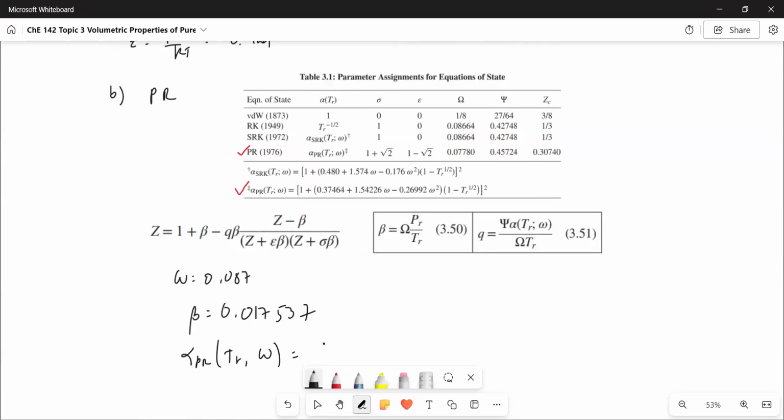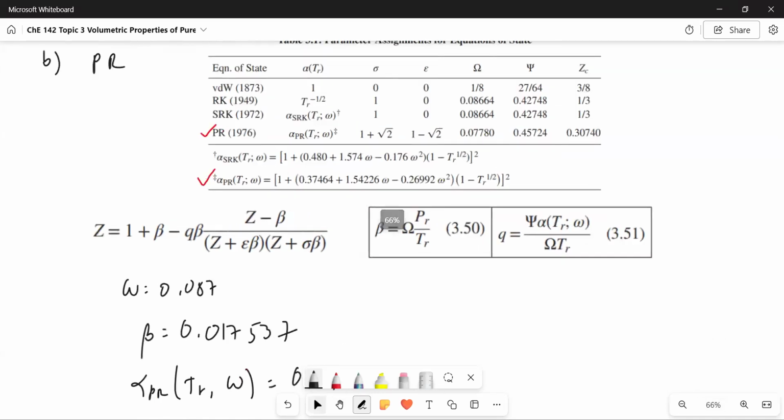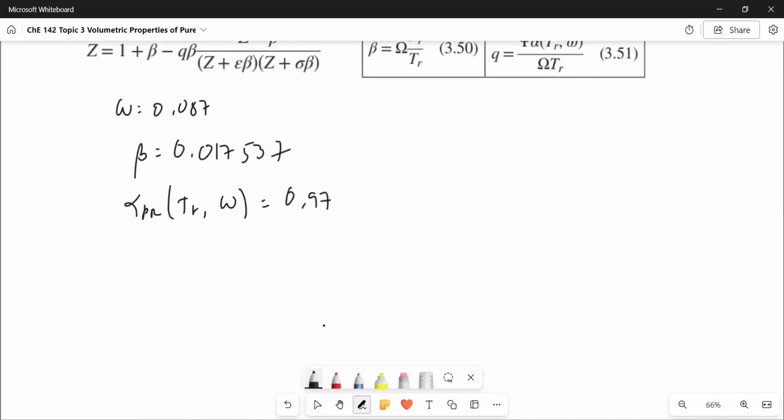Let me double check. Yeah, 0.97. Now that we have that, we can calculate for Q, which is psi times alpha over omega times TR.